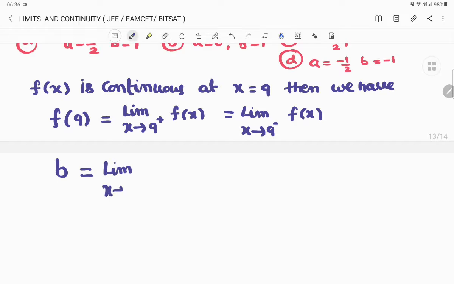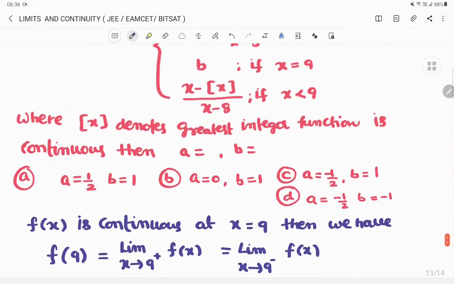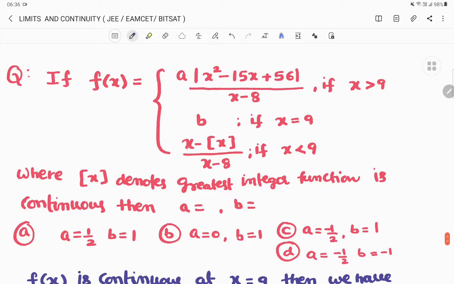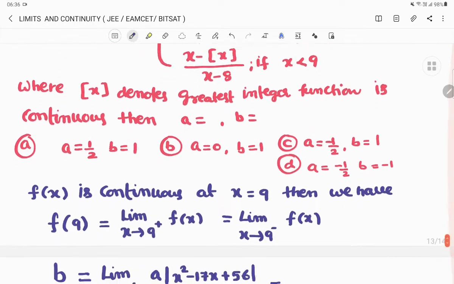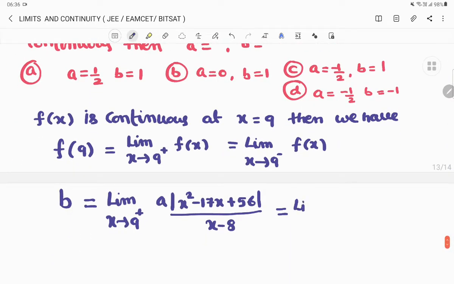Limit x tends to 9 plus f of x value is a into mod x square minus 15x plus 56 divided by x minus 8, which is equal to limit x tends to 9 minus, means x is less than 9. The function is x minus step x by x minus 8.